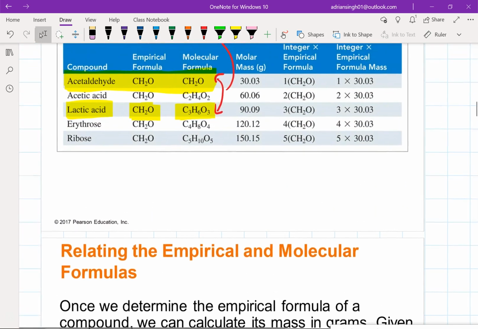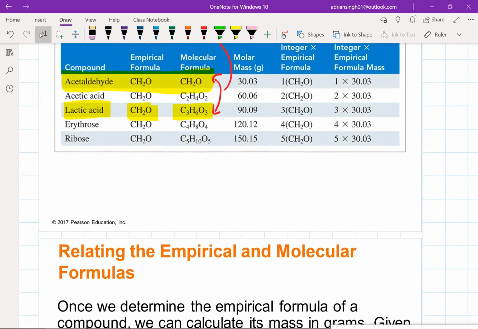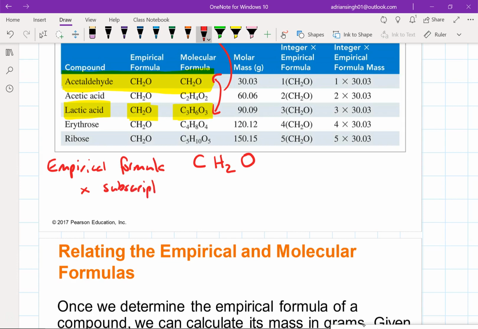For example, if we have our empirical formula CH2O and multiply those subscripts by 2, remember when you don't see a subscript, 1 is understood to be there.